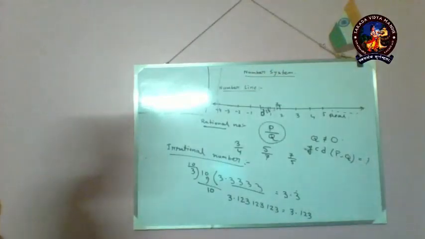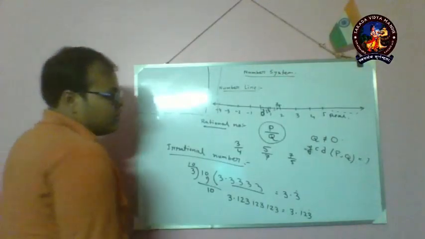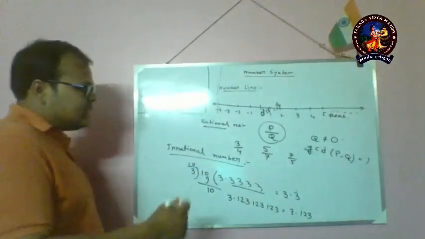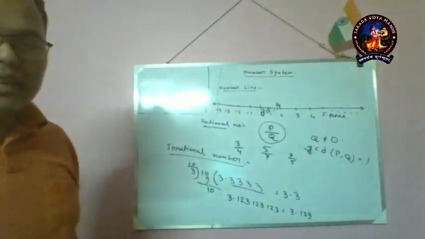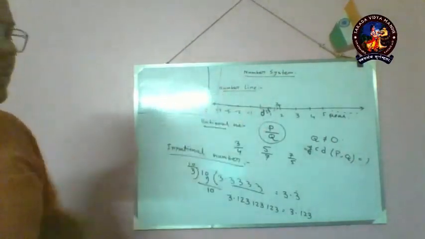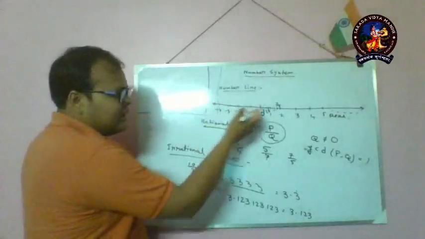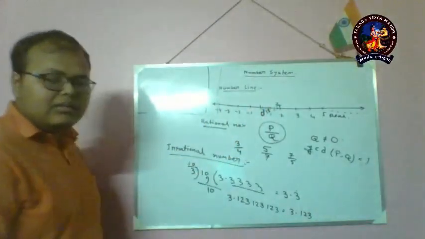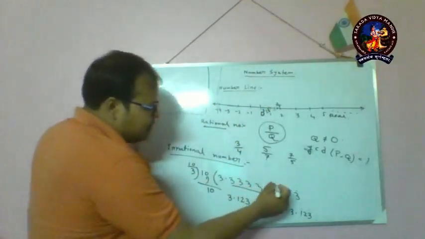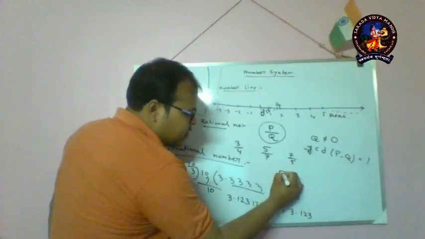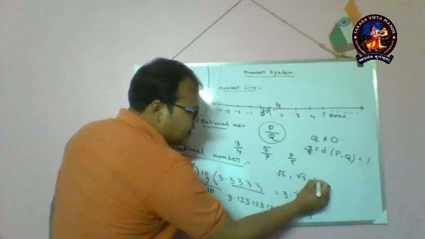Now a few examples of irrational numbers we want to know. Since we are saying that irrational numbers are also there in the number line, but we cannot see here which are the irrational numbers. All I have written here are the rational numbers. The examples of irrational numbers are root 2, root 3, root 5.